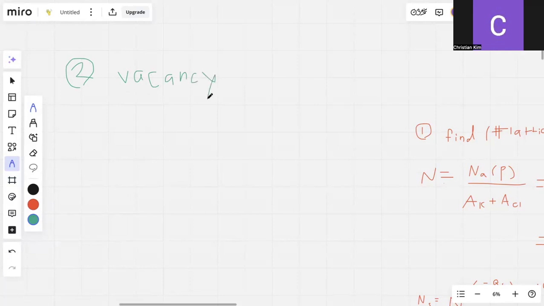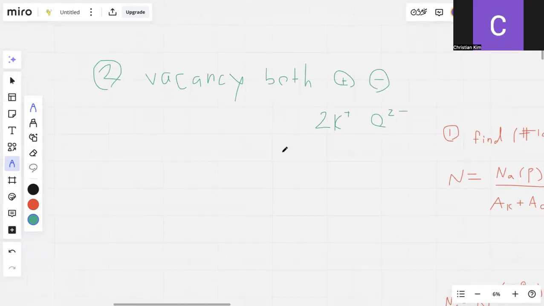Vacancy of both the positive charge or cation and negative. So in this case, we'll have this cation charge over here will be 2K plus and O2 negative.